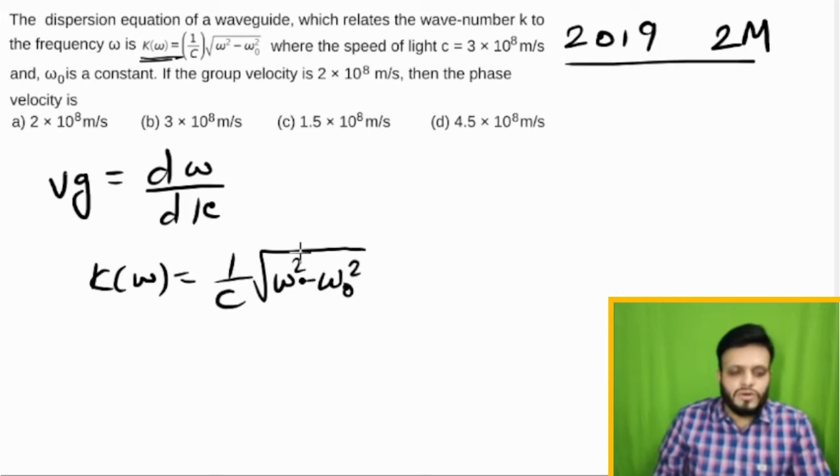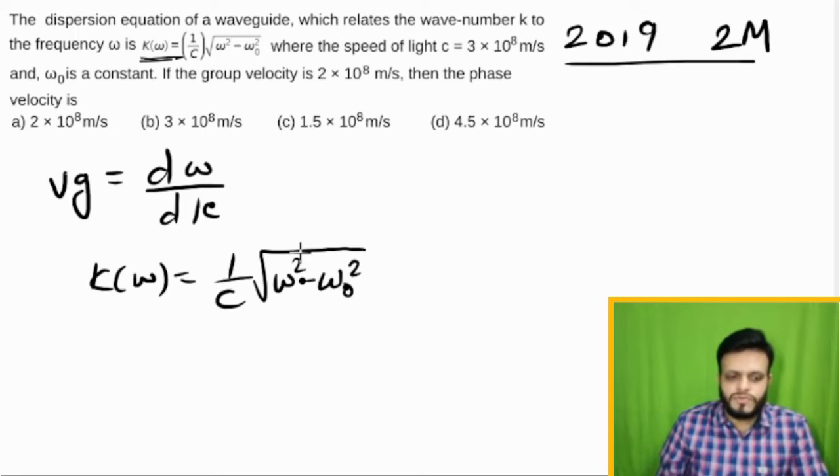As we don't have d omega by dk, let us take the derivative of this expression of k with respect to the angular frequency omega, and then take an inversion of the result to get d omega by dk.